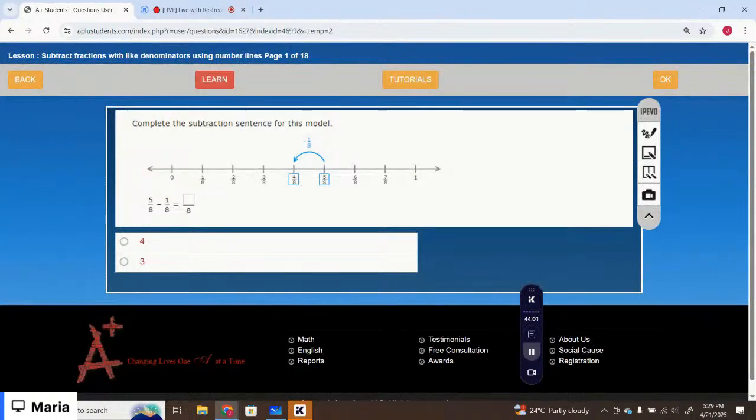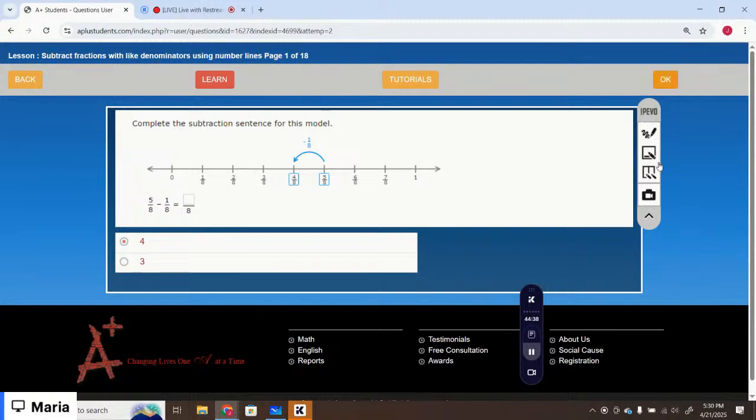So which is the correct option? 5 minus 1 is 4.